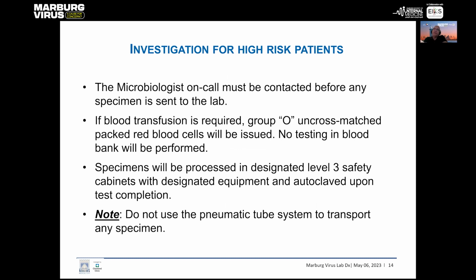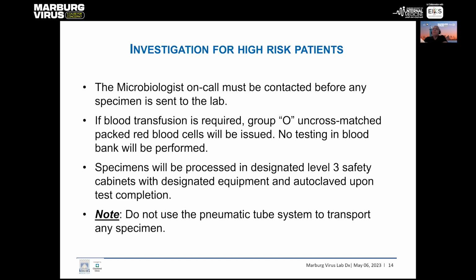Of course, for high-risk patients, you have much stricter criteria because the risk is much higher to get infected. So microbiologists on call must be informed. Blood transfusion for both high and low will be group O uncross-matched, and there will be no cross-matching in the blood bank, because that is a manual procedure and poses a significant risk for the personnel involved.